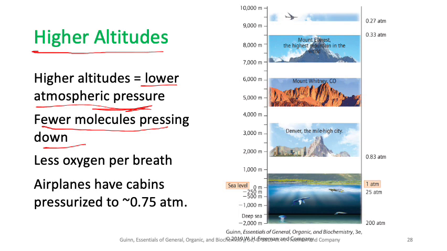And if you have less atmospheric pressure, that means you have less air present, and if you have less air present, you have less oxygen. That's why you always carry an oxygen cylinder with you whenever you're climbing up a mountain, because the air pressure or the oxygen pressure is lower at that height.